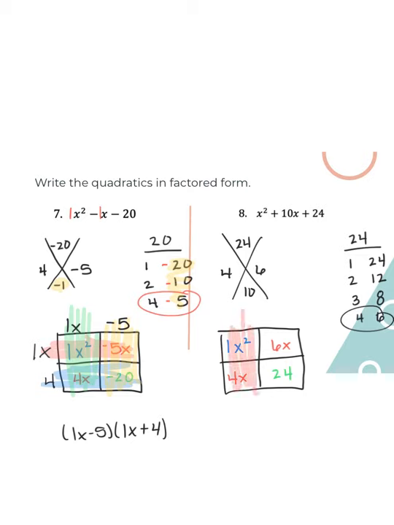So 1x squared and 4x. See, they both have a 1x in them. 6 and 24. I know they both have a 6 in them. I have a 1x and a 6x. They both have a 1 in them. And they also both have an x in them.